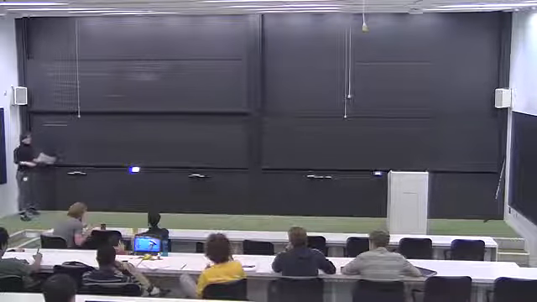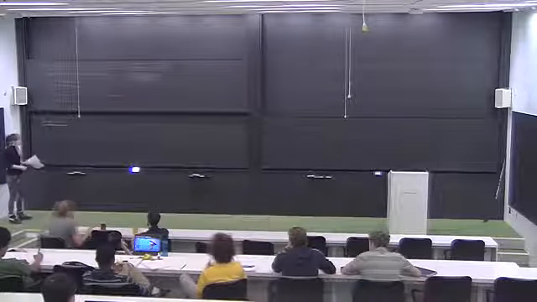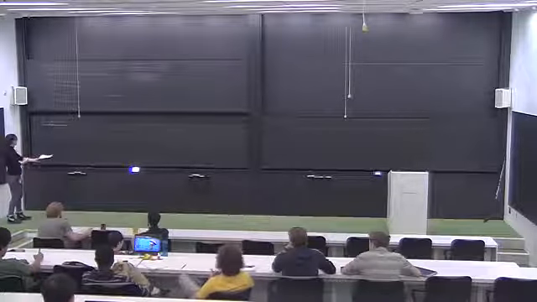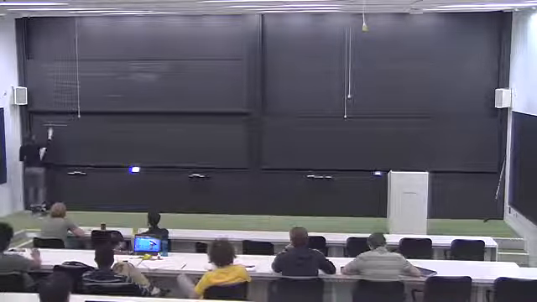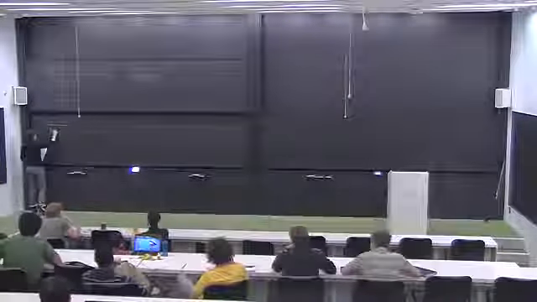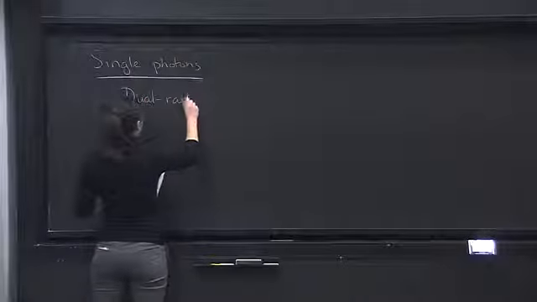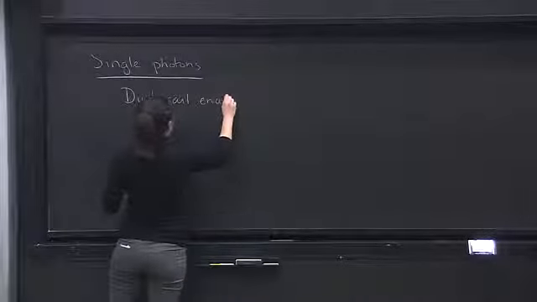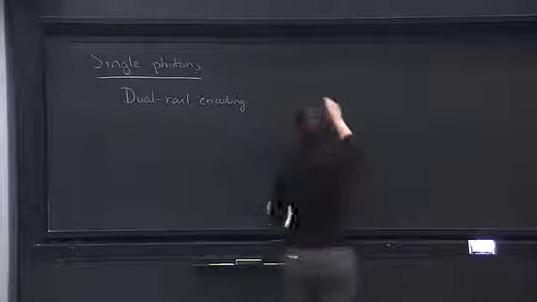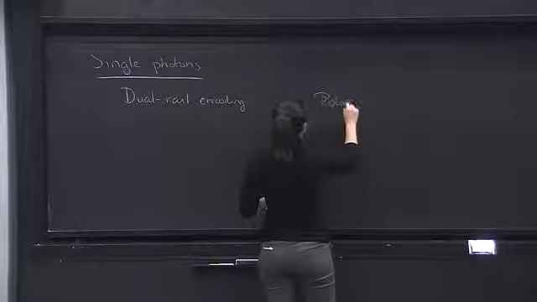So for single photons, it's typical to use 2 different types of encoding, and I believe Daniel mentioned them a couple of days ago. So one of them is called the dual rail encoding. And the other one is known as the polarization encoding.